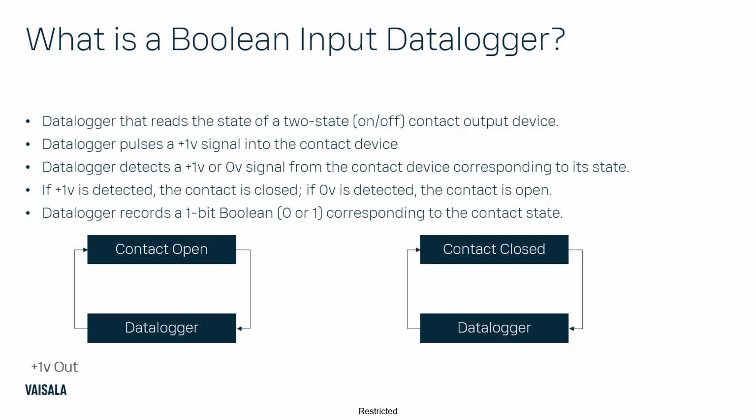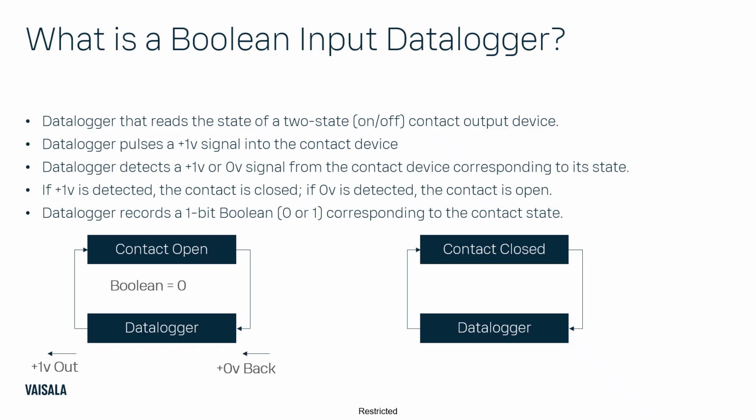On the left-hand side over here, you have the contact and the data logger, and a very simple schematic on how they're connected. The data logger sends a 1-volt signal out and gets a 0-volt signal back when the contact is open. And the Boolean signal received by viewLinc and recorded on the data logger is 0.